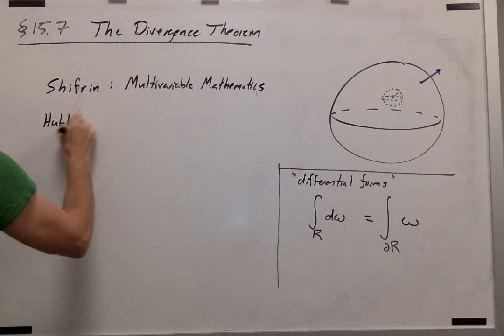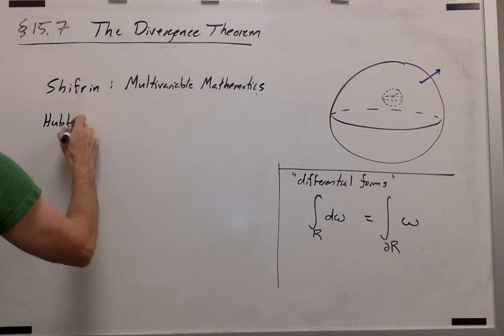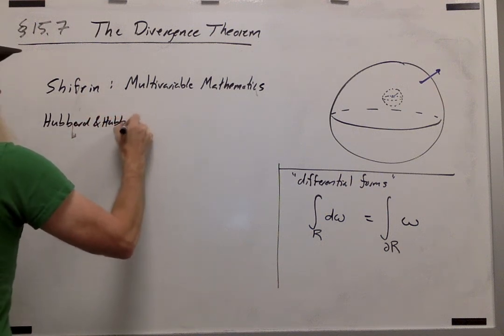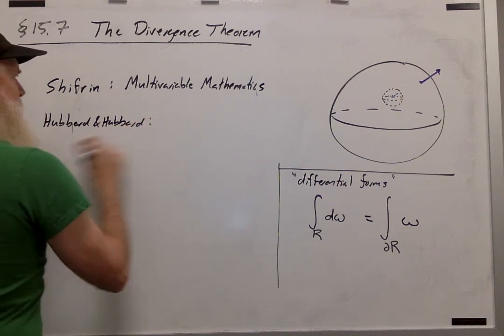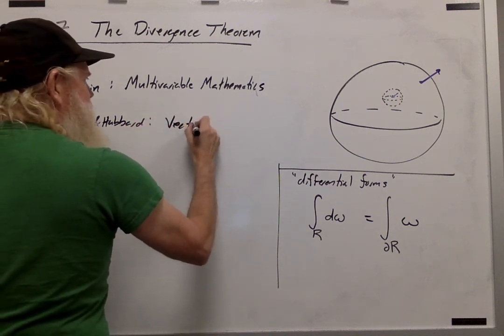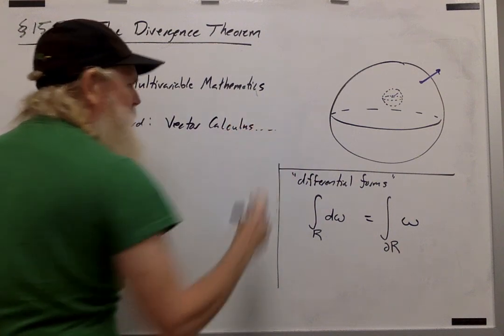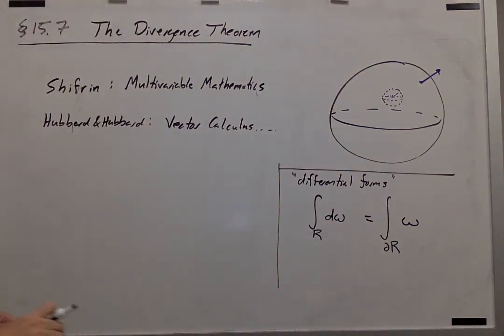And the other is by Hubbard and Hubbard, called Vector Calculus, with a bunch of other words. Ted Shifrin is actually who taught me most of what I learned as an undergraduate at University of Georgia.